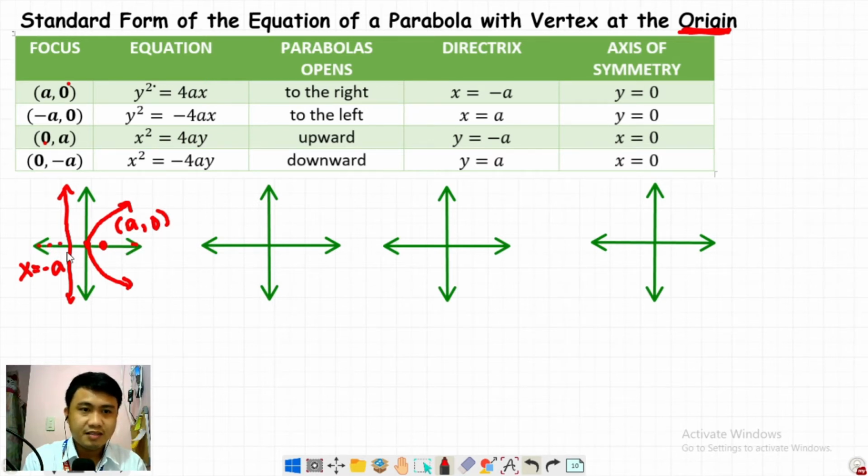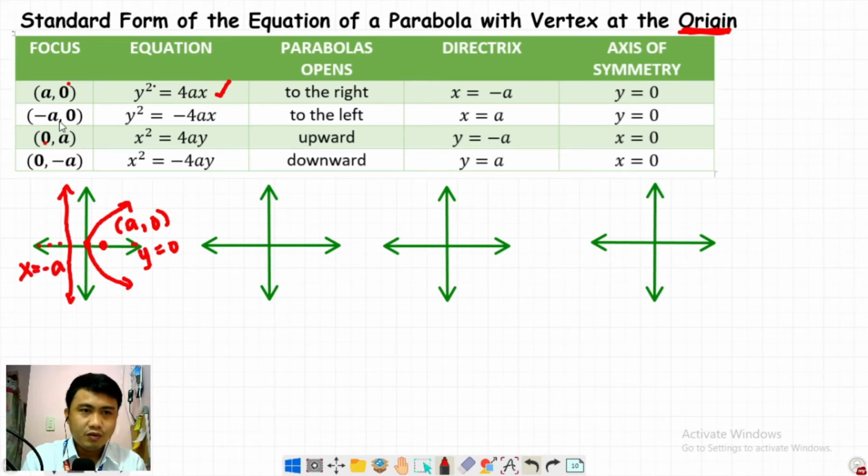At ang equation po ng ating x-axis ay y equals 0. Itandaan na lang yan. Okay, and of course, our equation, pag ganyan, opens to the right, ay ito po. Y squared is equal to 4ax. So, yung may square, yung y. Okay? Next.